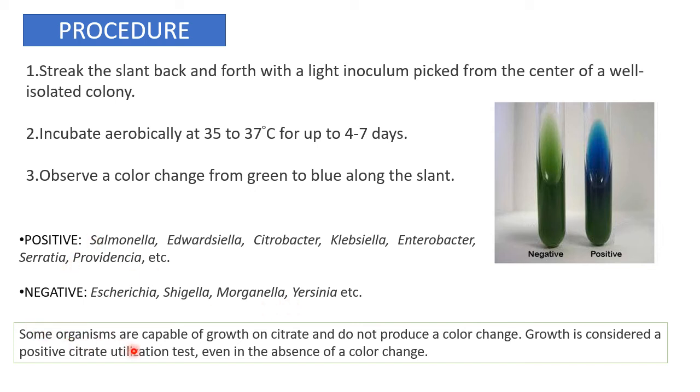Some organisms are capable of growth on citrate and do not produce a color change. Growth is also considered a positive citrate utilization test, even in the absence of color change. If the bacteria is able to grow, that means it is able to use citrate as the sole source of carbon, so it is considered positive even though there is no color change.